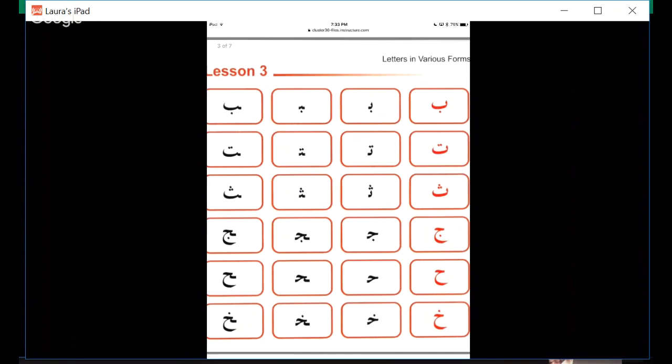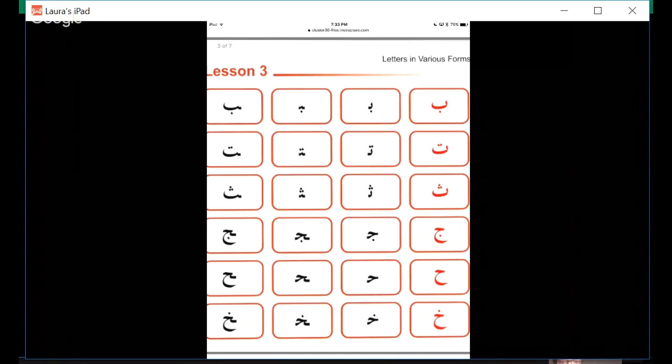On this chart, it's the letters in the right-hand column, the one that's furthest to the right. Those are the actual letters in their isolated positions. Okay? Now, in the middle, right next to that, you see what the letter looks like if it's at the beginning of a word. Okay, so it gets much smaller.